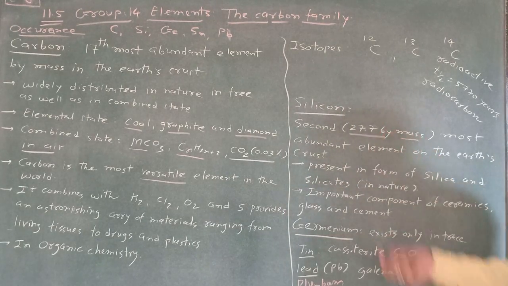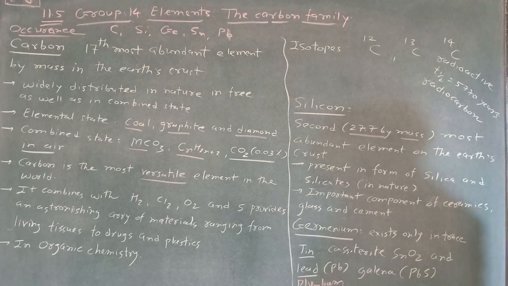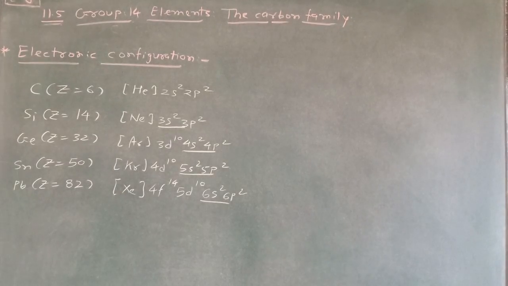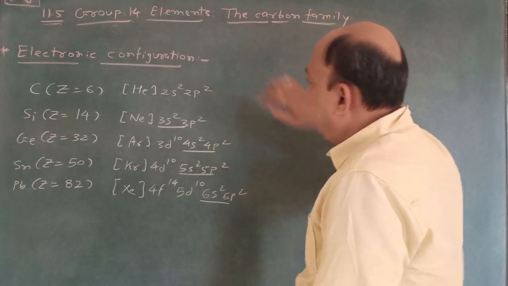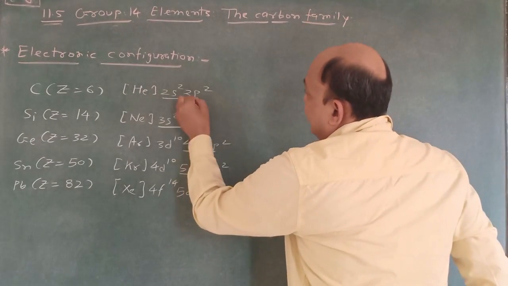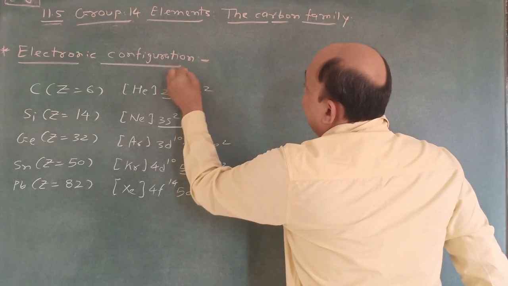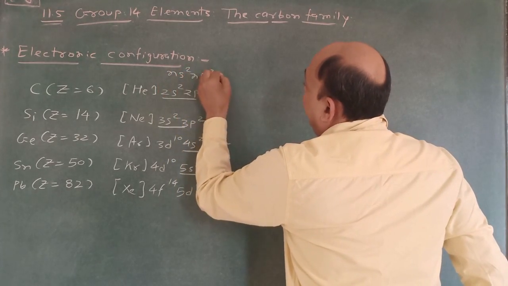Now we switch to electronic configurations and different trends in group 14, or the carbon family. The general outer electronic configuration of group 14 elements is ns2 np2.